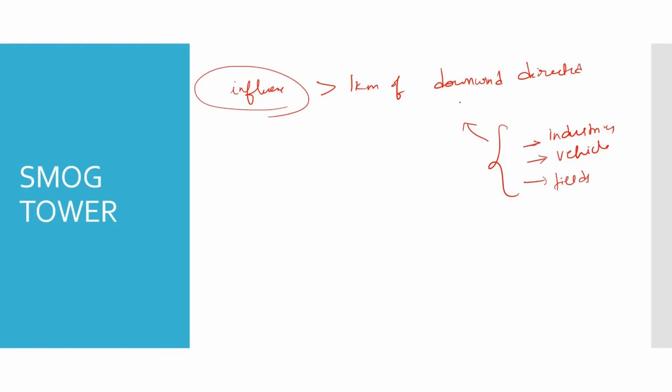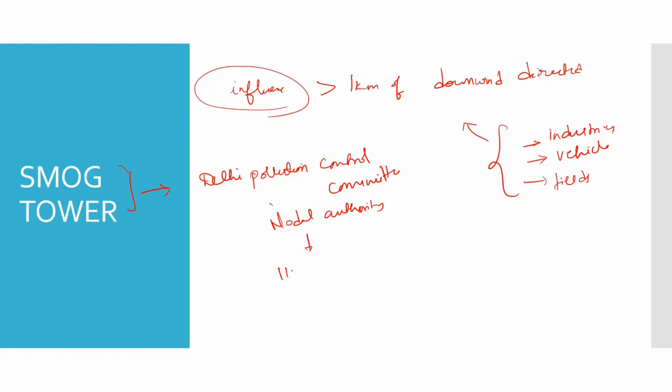Now, who is going to take the responsibility for the smog tower? Who is the nodal authority for that? The Delhi Pollution Control Committee is the nodal authority for construction of this smog tower.